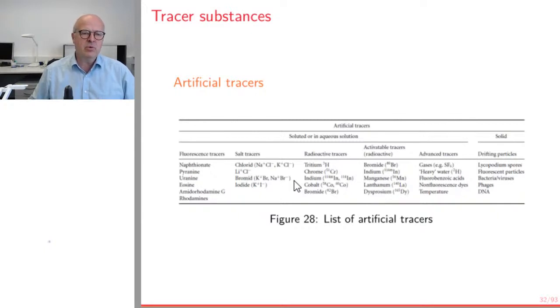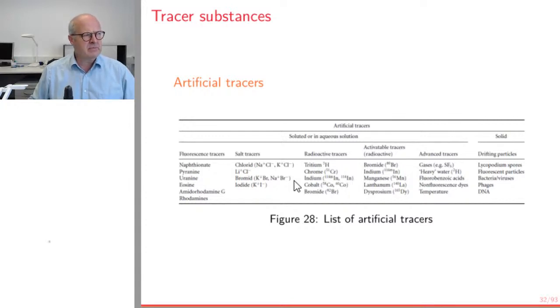Pyranine, which is yellowish, comes from pyros, fire, has a color like fire. Uranine is the most common one. Sometimes when you use the word uranine, people get scared because it sounds like uranium.